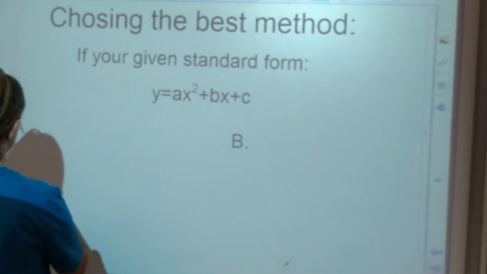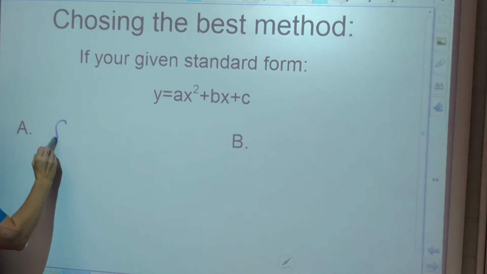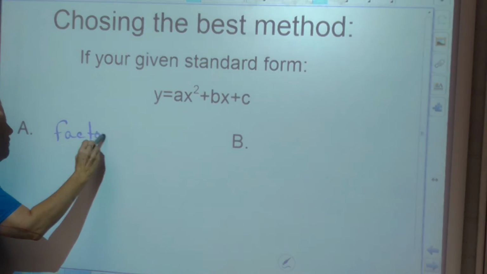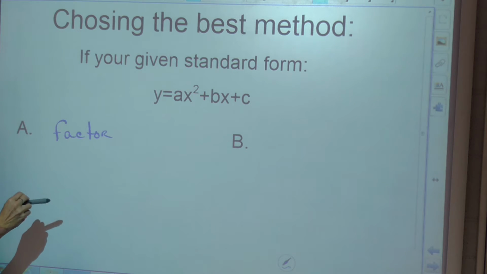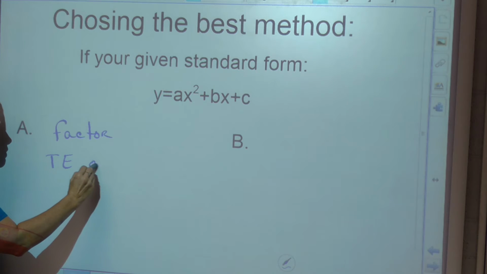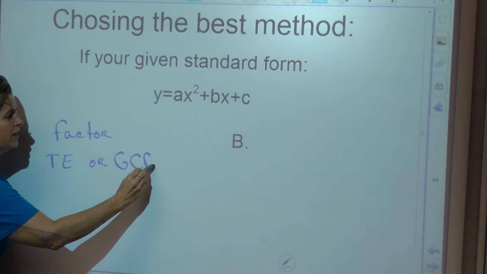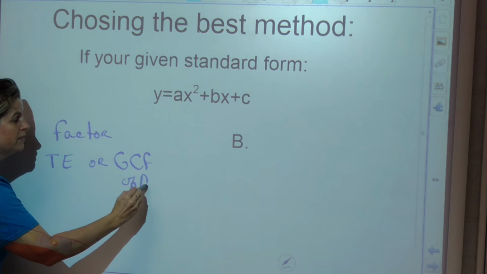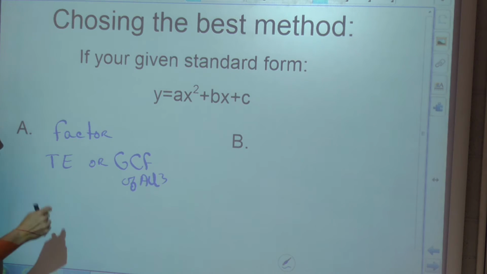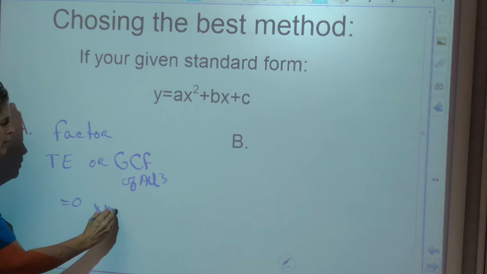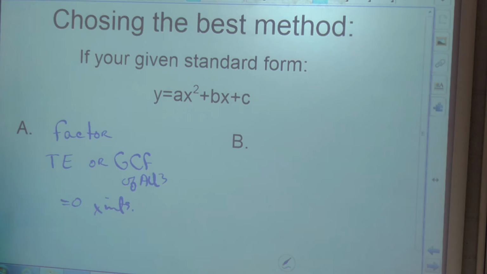Hopefully what you could do is you could just straight up factor it. If you can factor all 3 terms, whether that be trial and error or GCF of all 3, then go for that and set those equal to 0 and get x-intercepts and continue just like we have.